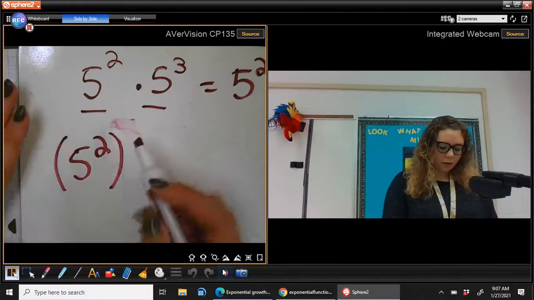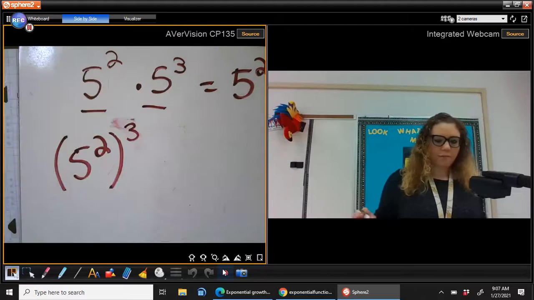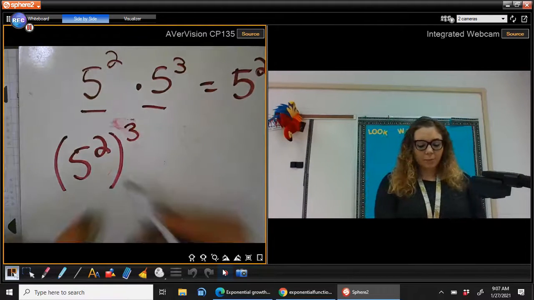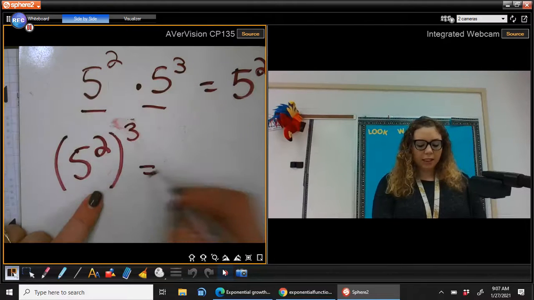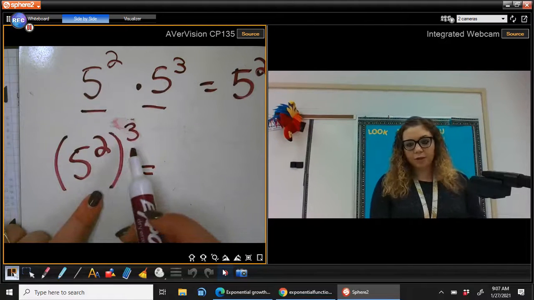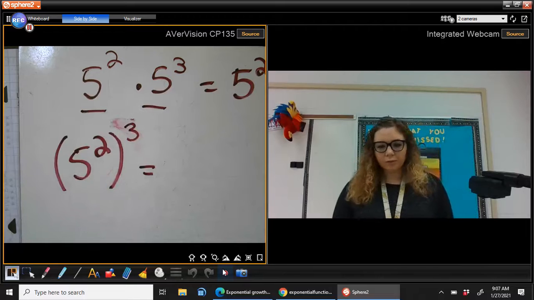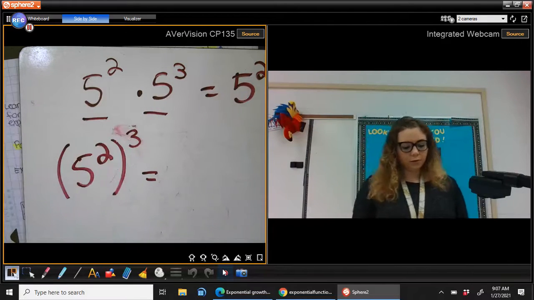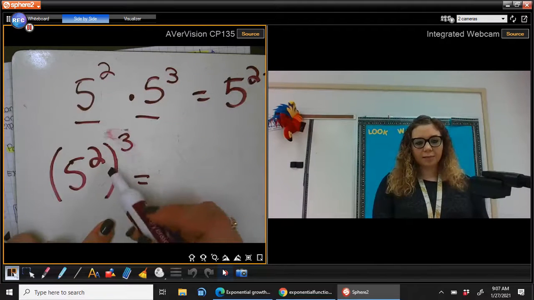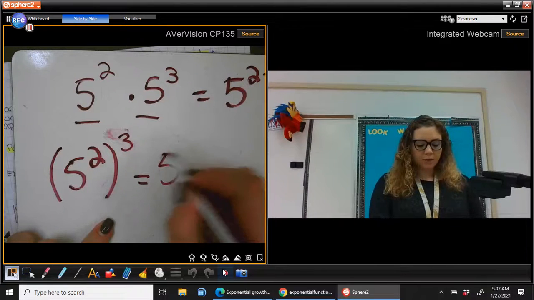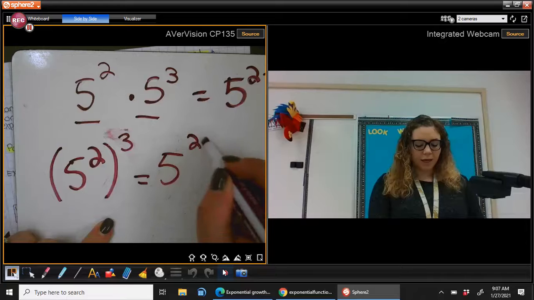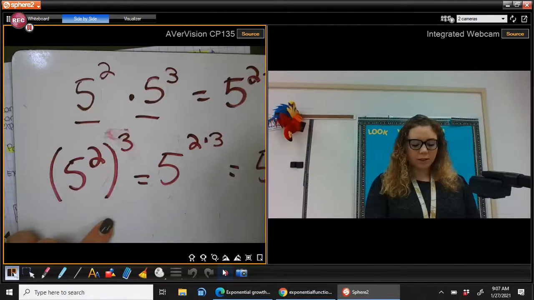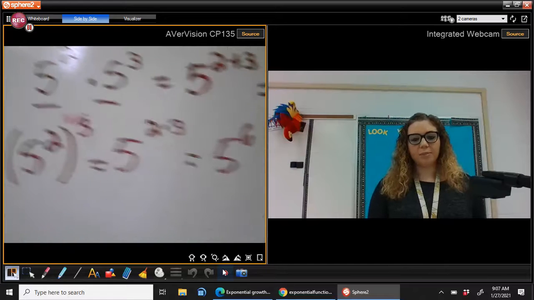If I had 5 to the second power raised to the 3, so this is a power to a power. Anytime I have a power to a power, and a good way to remember that is if you see parentheses, you probably need to use this rule. Instead of adding my exponents, I'm going to multiply. So it's going to be 5, and then my exponent is going to be 2 times 3. 2 times 3 is 6, so it would be 5 to the 6th power.